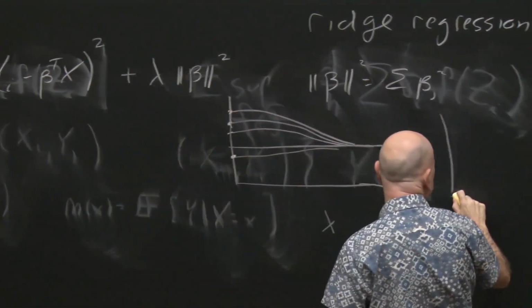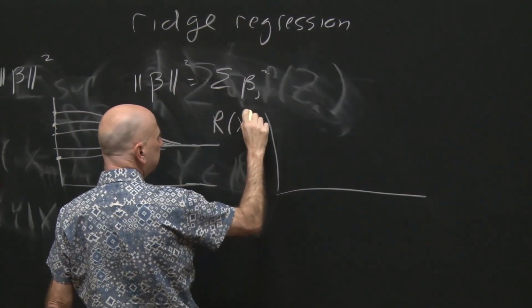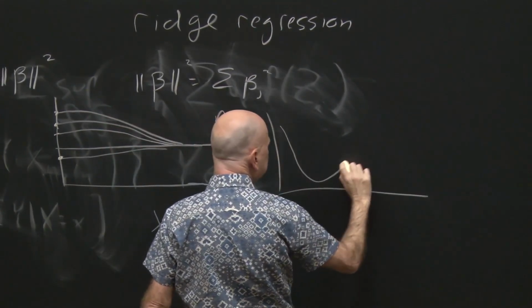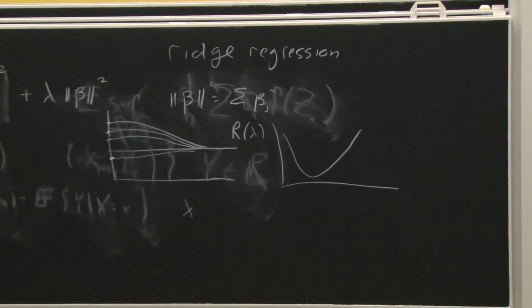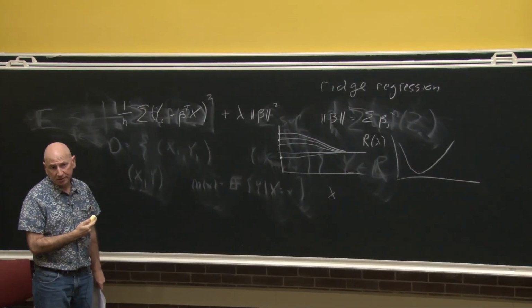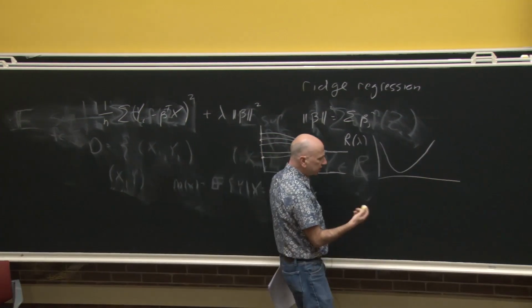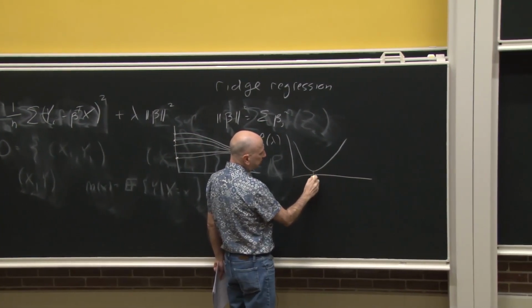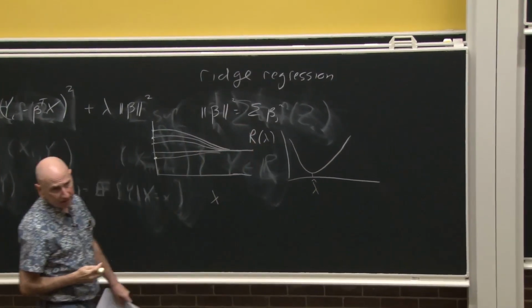If I plotted the prediction risk as a function of lambda, there's going to be some sort of bias-variance trade-off. If I shrink them too much, it's going to be very biased. If I don't shrink them enough, I could have a lot of variance. So the idea would be to use cross-validation, and we'll talk about it in more detail, to try to estimate this risk and pick the best lambda.